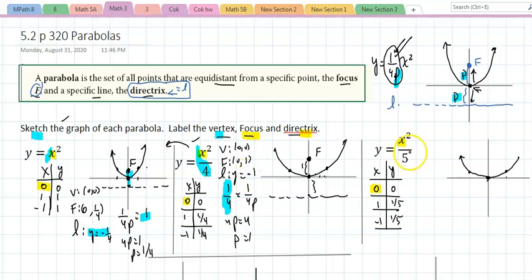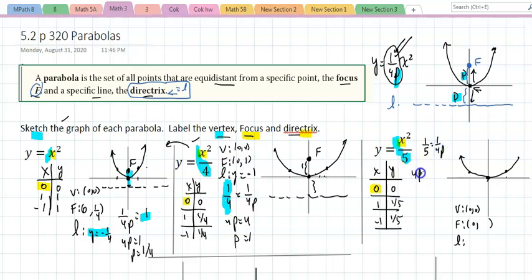When I get to this example, same deal happens. Here it's scaled properly. I know the vertex is at 0, 0. That's no biggie. That's going to be the case for all of them. Now, when I go for the focus and the directrix, I'm going to set 1 over 5, which is the leading coefficient, equal to 1 over 4p.